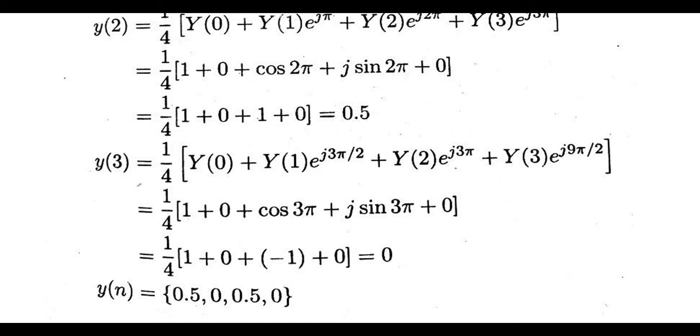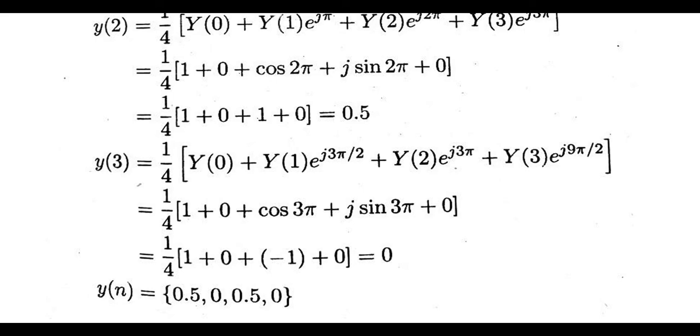We know that the value of cos 3 pi is minus 1 and the value of sin 3 pi is 0. Putting these values, we will get y of 3 is equal to 1 by 4 into 1 plus 0 plus minus 1 plus 0, that is equal to 0.